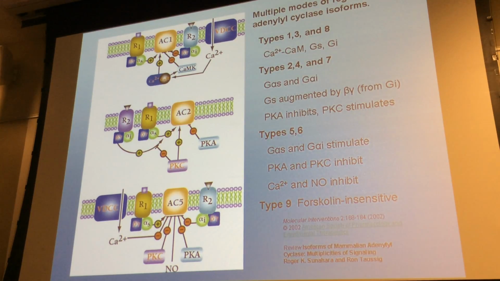You have high amounts of PKA, you don't need the adenylyl cyclase. Yes! If only you could speak louder so that the people on the other end of the room could hear. So if you've already made a lot of cyclic AMP and you've already triggered the protein kinase A to go out and phosphorylate things, you don't need to make cyclic AMP anymore.